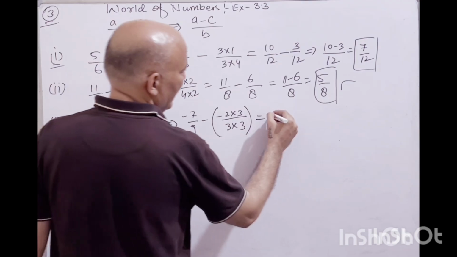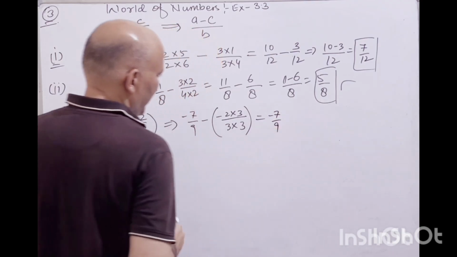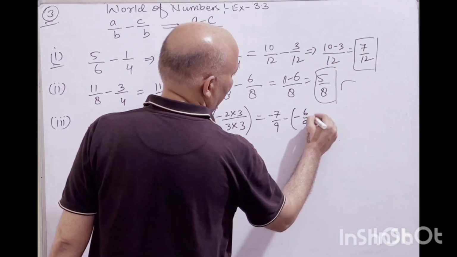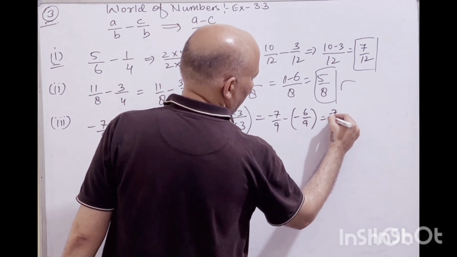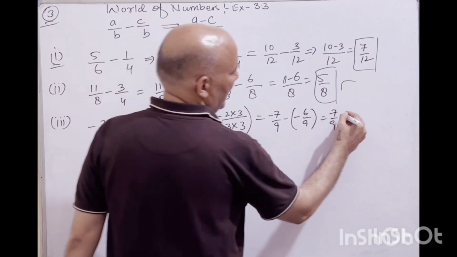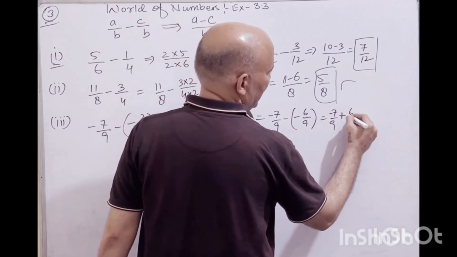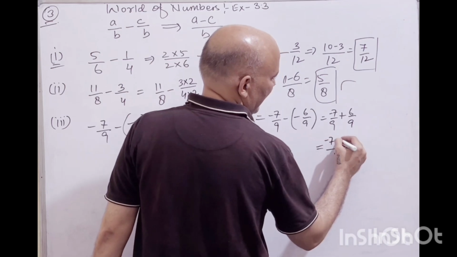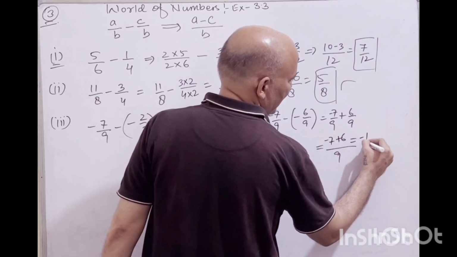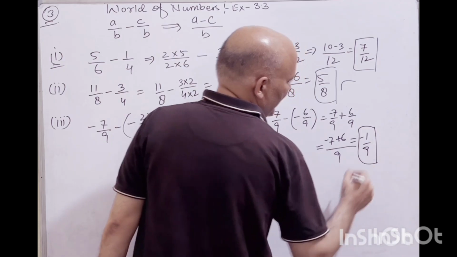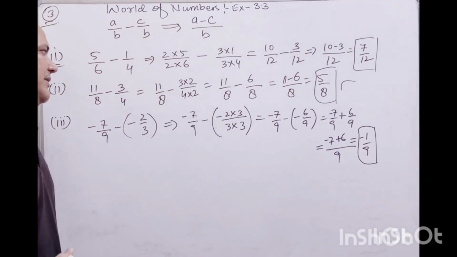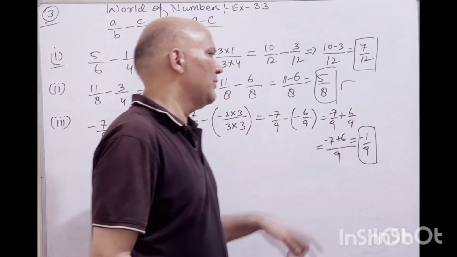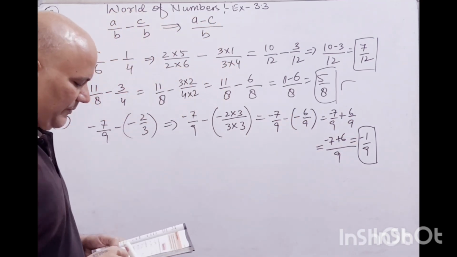Now we solve minus 7 by 9 minus, minus becomes plus, 6 by 9. Then minus 7 plus 6 is equal to minus 1 upon 9. So this would be your answer. There are two things: you have to make the denominators equal, then minus minus becomes plus.